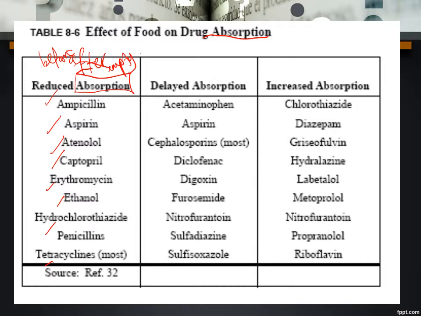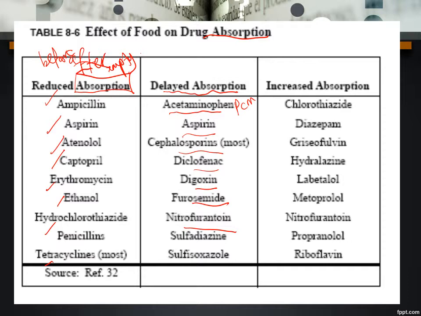And for drugs whose absorption is delayed, for example Panadol, paracetamol, acetaminophen, aspirin, diclofenac, digoxin, furosemide, nitrofurantoin, their absorption can be delayed due to the presence of food.